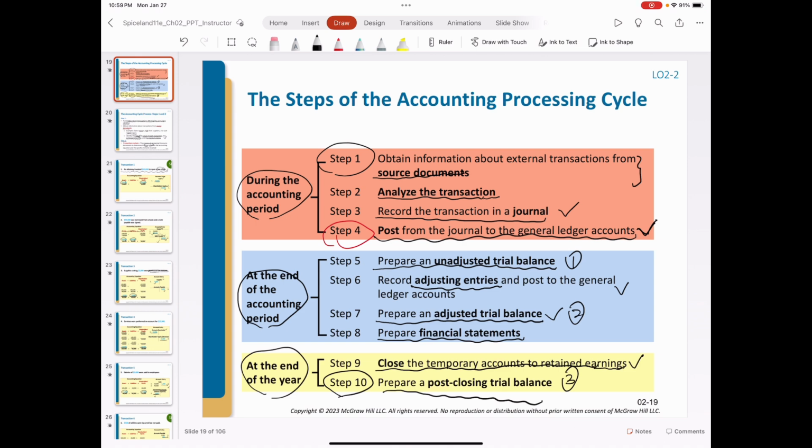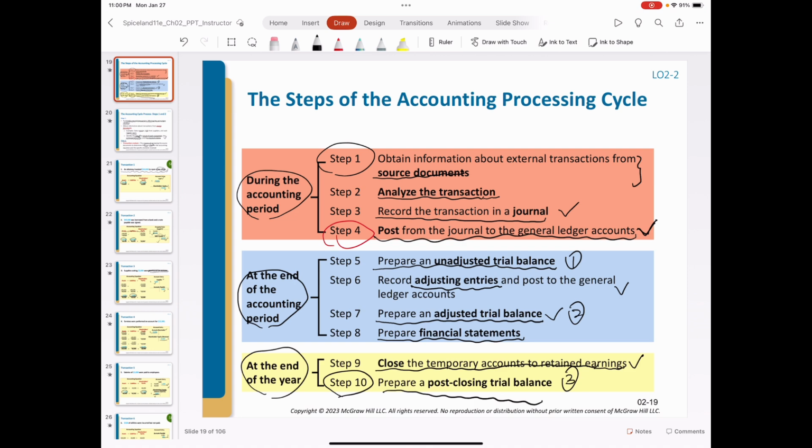You should analyze the transaction and find out what's the impact of the transaction or events on the firm's financial position or the accounting equation. Then, which 2 accounts are affected? Maybe 3, mostly 2 accounts. Increase or decrease, and what is the amount? So that's the first 2 steps.